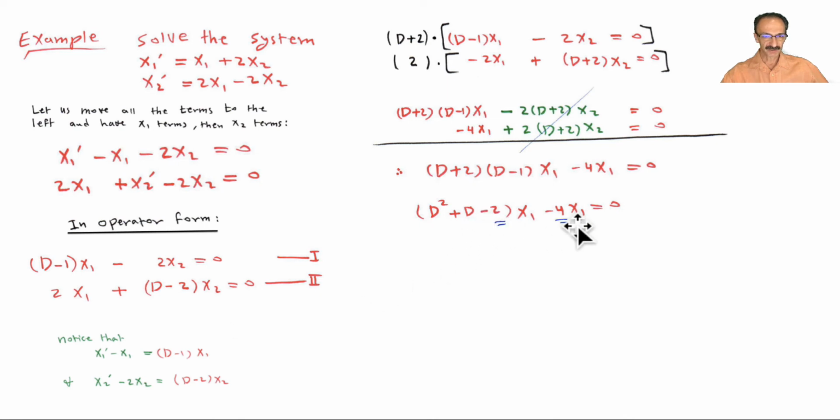I could see it from here, minus 2x1 and a minus 4x1. That's going to give me a total of minus 6x1. Alright? That doesn't get affected, it's the same. D squared x1, it's right there.